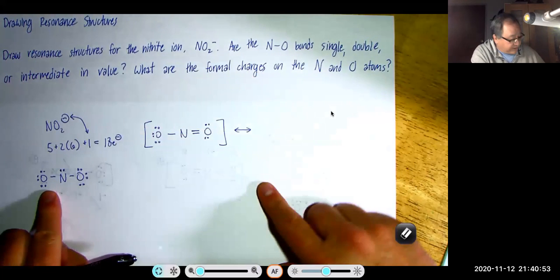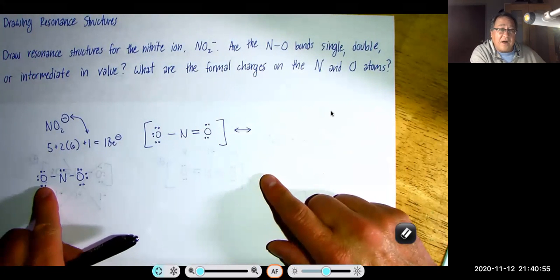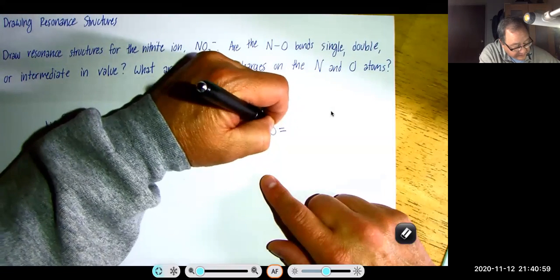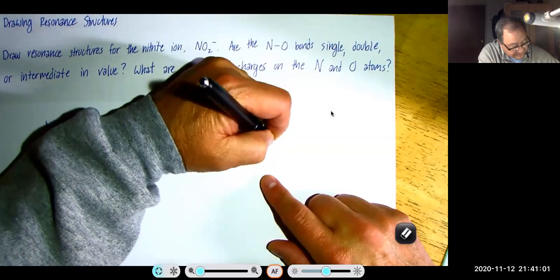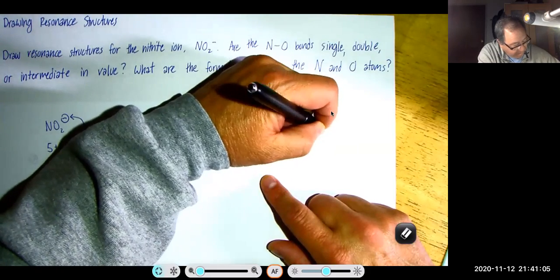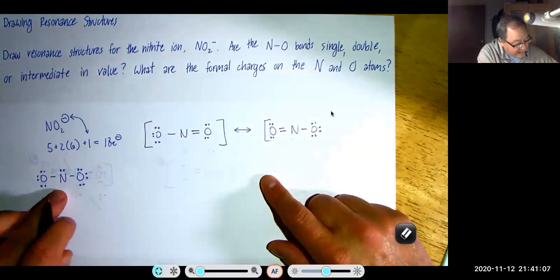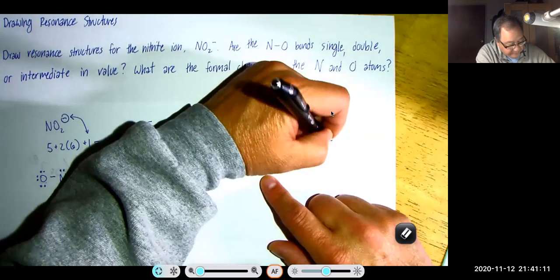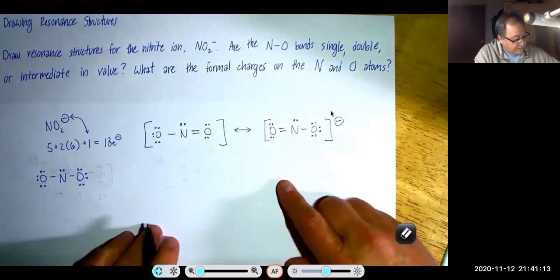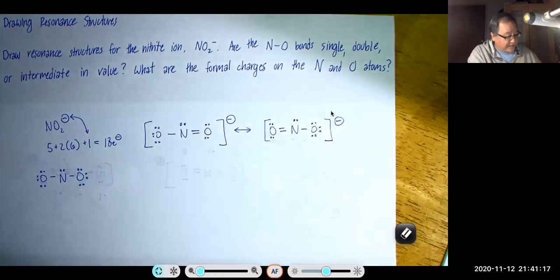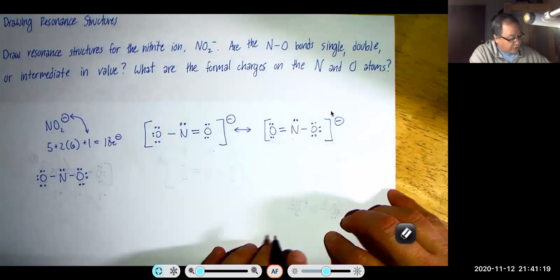The other option is to take a lone pair from the other oxygen and make it a double bond. Now remember this lone pair I had on top. Don't forget about that. And the charge is a -1. So do we have octets everywhere? Yes. Let's look at the formal charges.